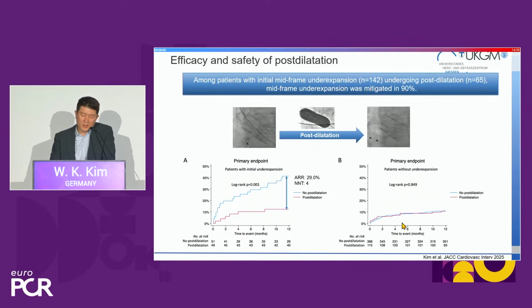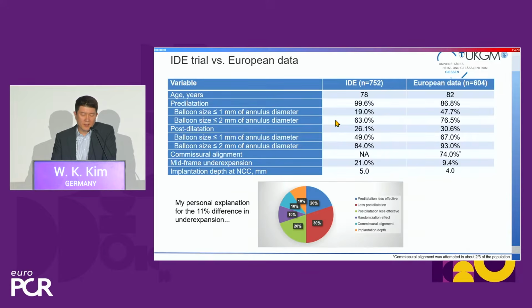On the other hand, you can see that performing post-dilatation, even in the absence of initial underexpansion, there was no downside to it, so no signal of more complications. I know that we cannot directly compare the two trials or the two studies, but of course there are differences in terms of age.